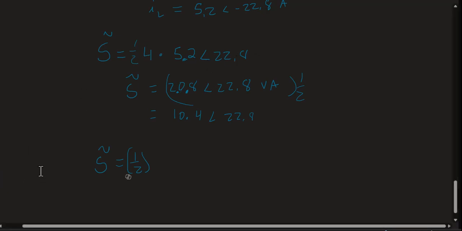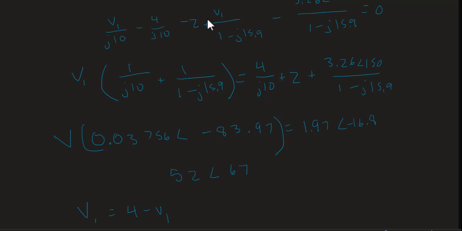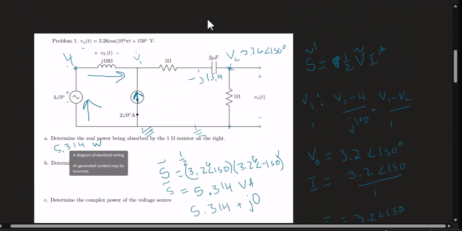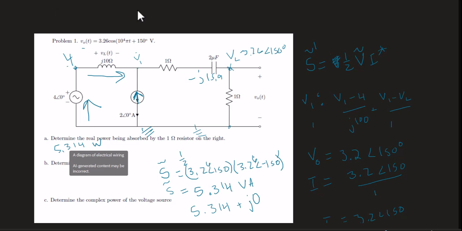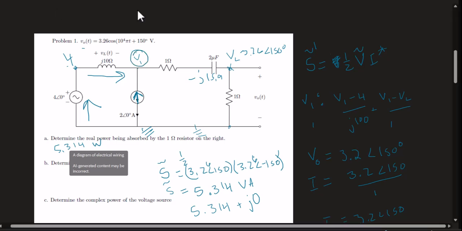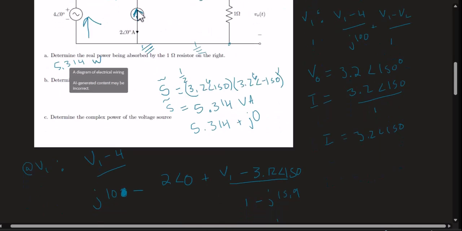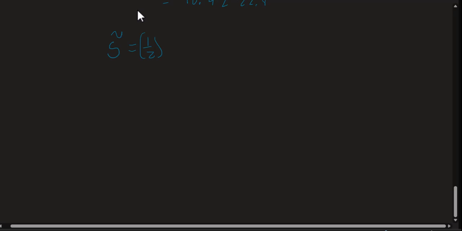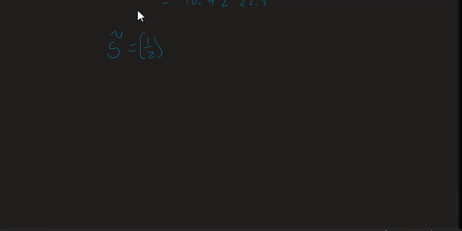We're doing the voltage of the source and voltage VL, which is the correct voltage to use. I was confusing V1 and VL. So on that last problem, I thought I was using V1, so I did 4 minus V1 over J10.